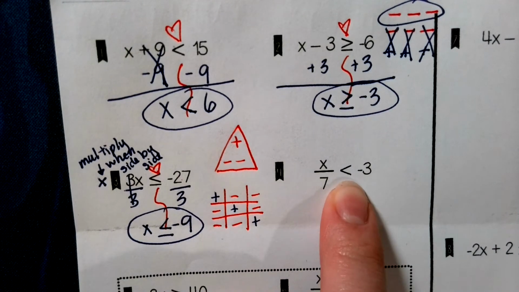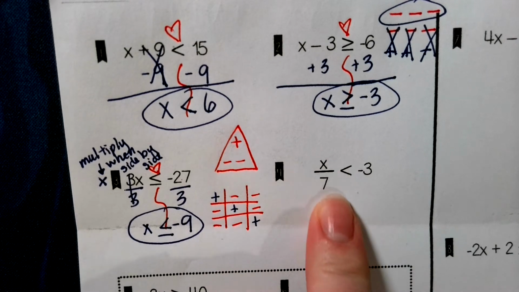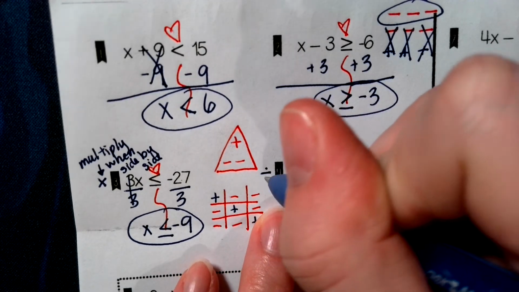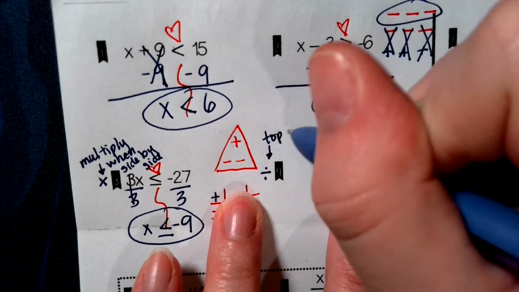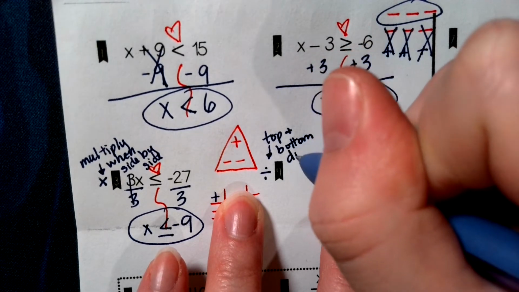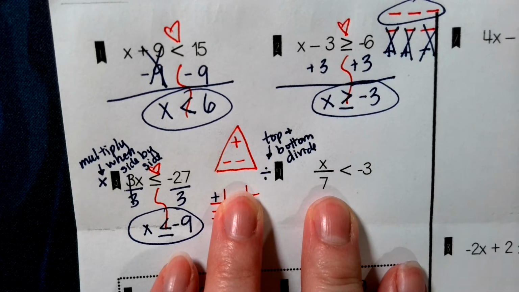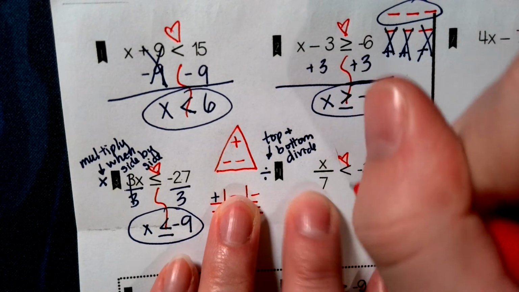And the last one, 4, x over 7 is less than negative 3. What operation is it if they're on top and bottom of each other? That's division. When they're on top and bottom, we divide. So what's the opposite of division? Multiplication.